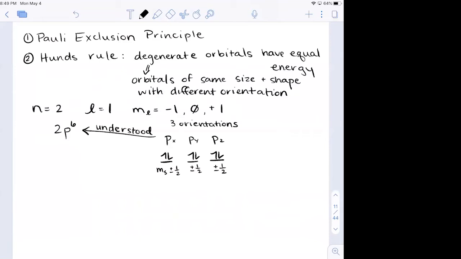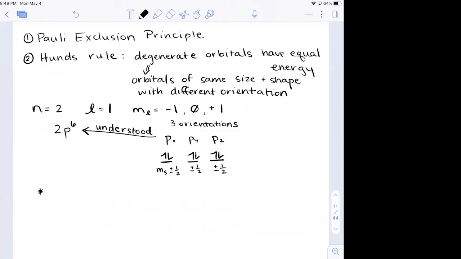Now we'll learn a little bit more about Hund's rule. I want to just present it right now, but we won't fill up our diagrams for a couple more minutes. When we look at Hund's rule, the last portion of it says that because degenerate orbitals are equal in energy, right?